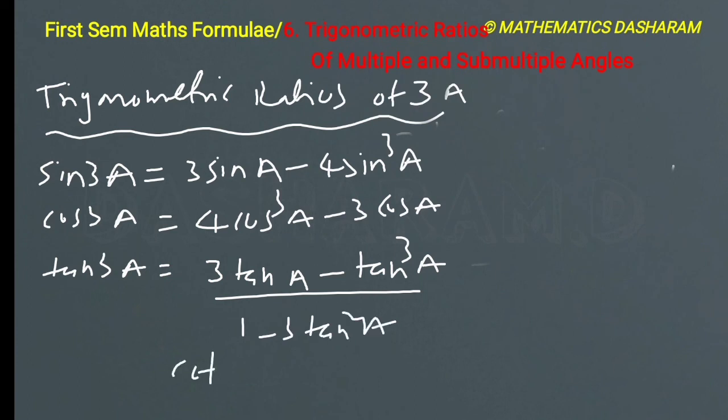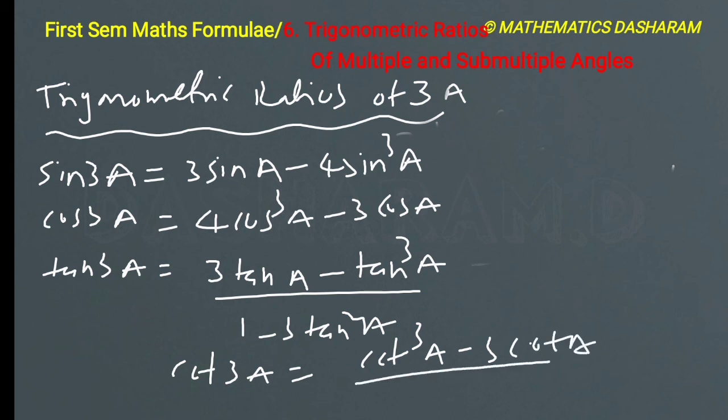Next, cot 3A equals (cot cube A minus 3 cot A) divided by (3 cot square A minus 1).